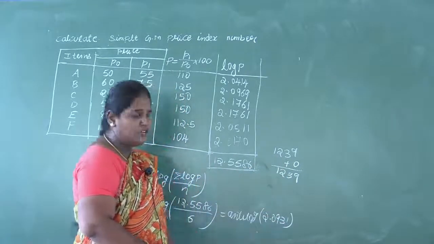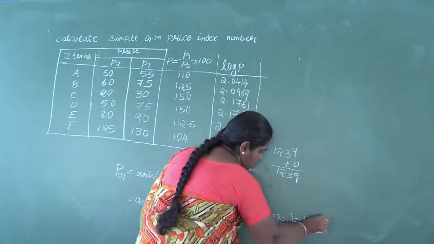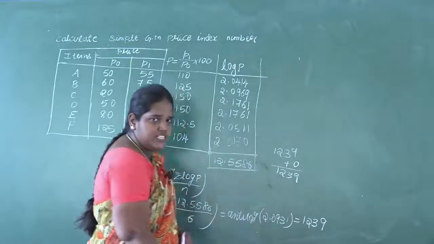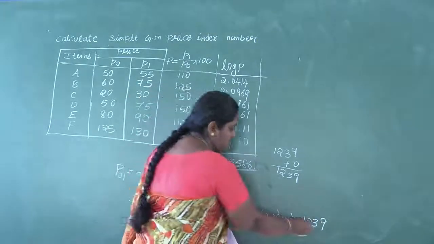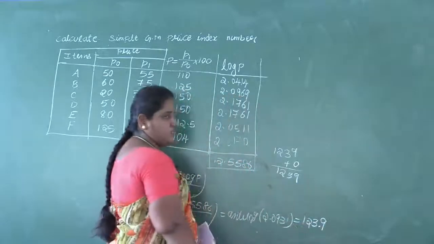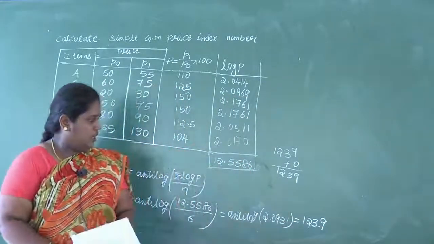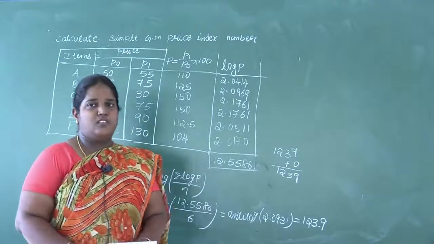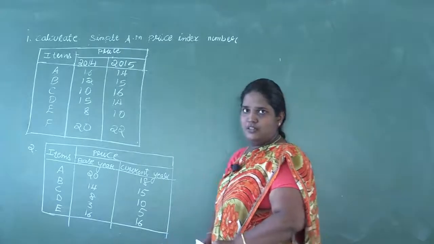So you'll get 1239, and we have to mark the decimal number. So 2 plus 1, it is 3. After 3 digits, we have to mark the point. So 123.9. So the geometric mean index number value is 123.9.